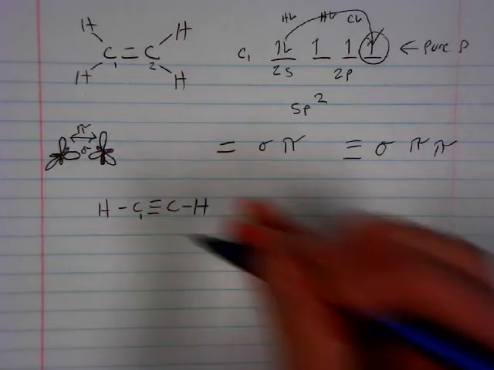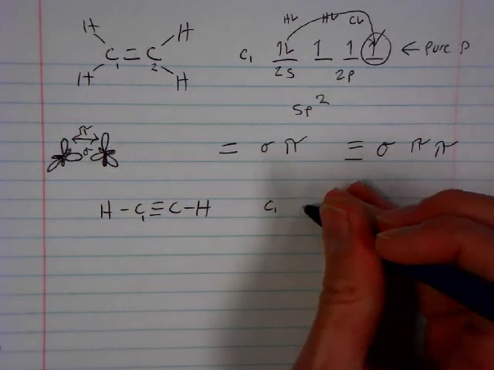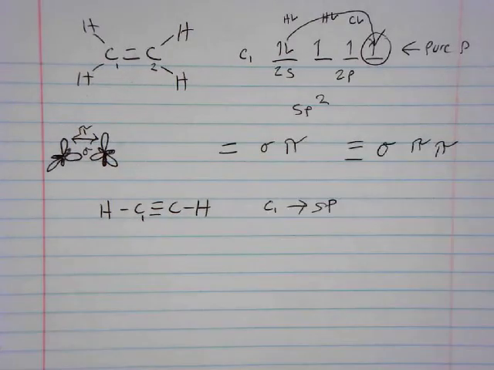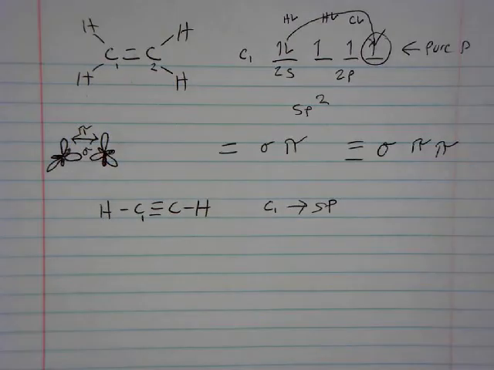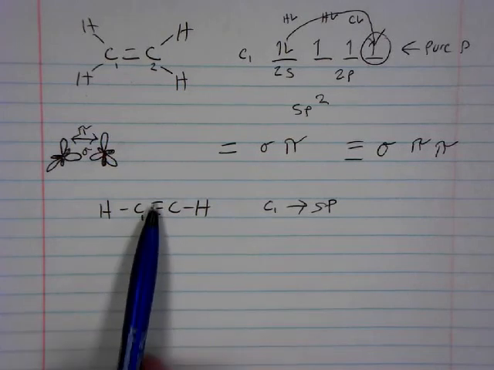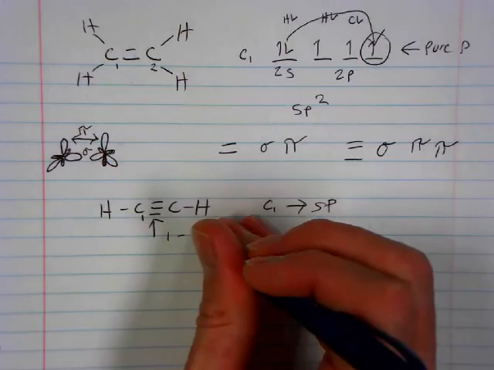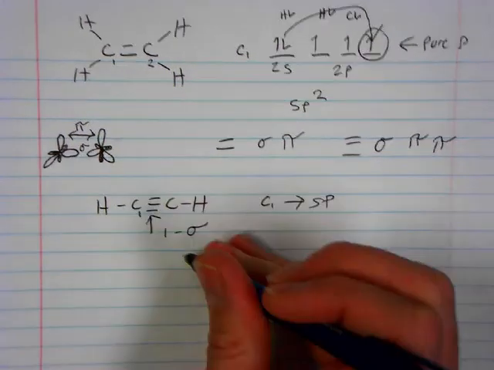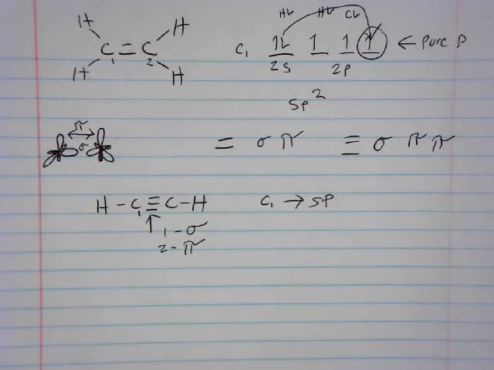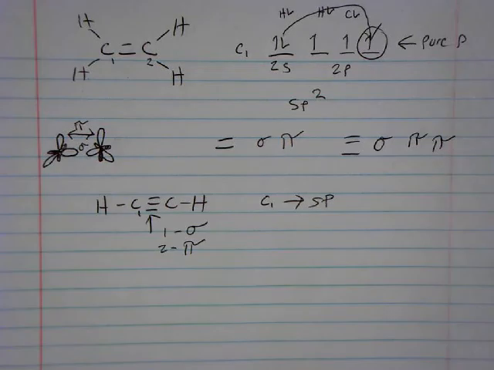If I was going to draw this, first of all, what's the hybridization of carbon number 1? It's sp, 2 bonding sites, right? How many sigma bonds do I have on this triple bond? I've got 1 sigma, and how many pi? 2 pi.